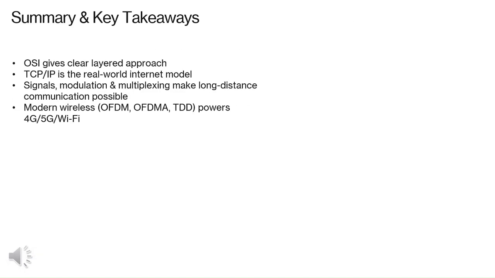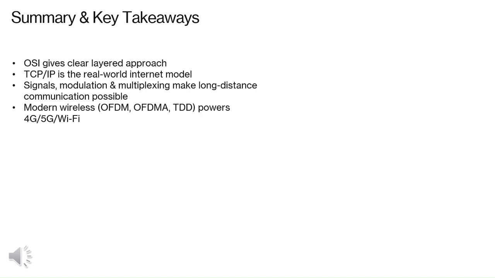We are now going to end our session. What are the key points we talked about here? The OSI layer approach, the TCP/IP model that is used in the real world, signal modulation, multiplexing, how long distance communication is possible, and modern wireless like OFDMA, OFDM, and 4G, 5G.